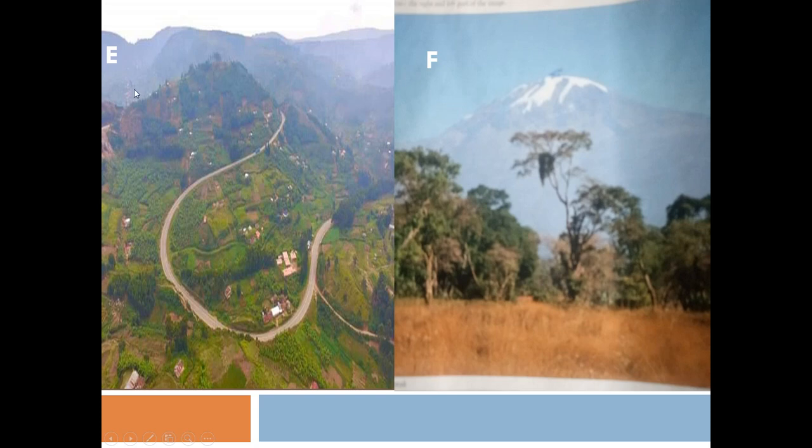In photograph E, we have the valleys. When you look in between these highlands or hills, we see valleys cutting across the hills or separating the different hills and highlands. We have the hills themselves.